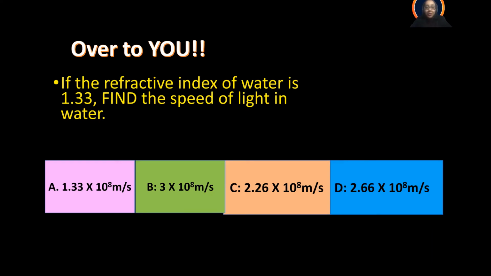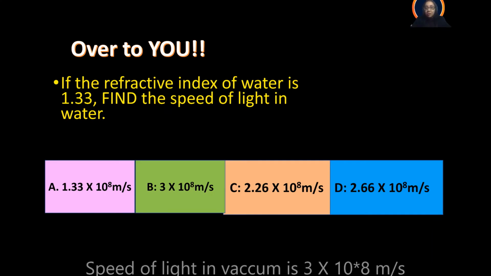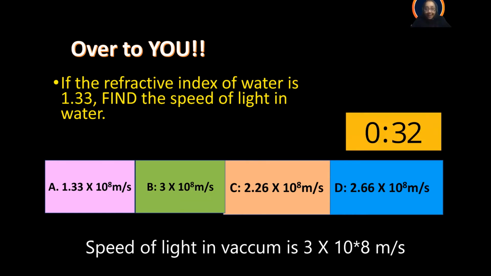Calculate the speed of light in water, and write the answer in the chat. We can use a calculator. Again, I'm providing you some time for it. Just like how we calculated the speed of light in diamond, calculate the speed of light in water.